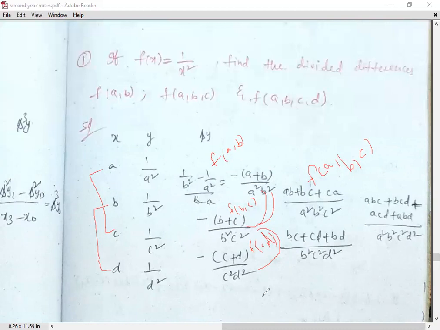After the simplification, we got the value bc plus cd plus bd by b square c square d square. This corresponds to the interval b to d. That means we should represent this difference by f of b c d.